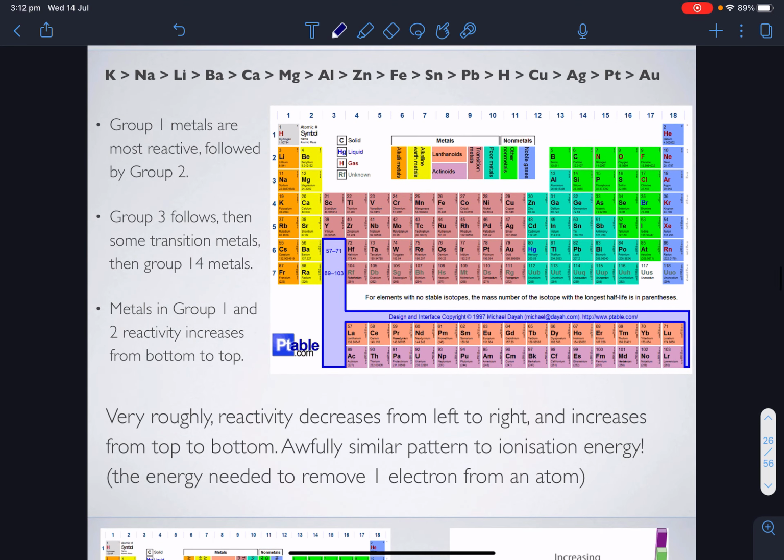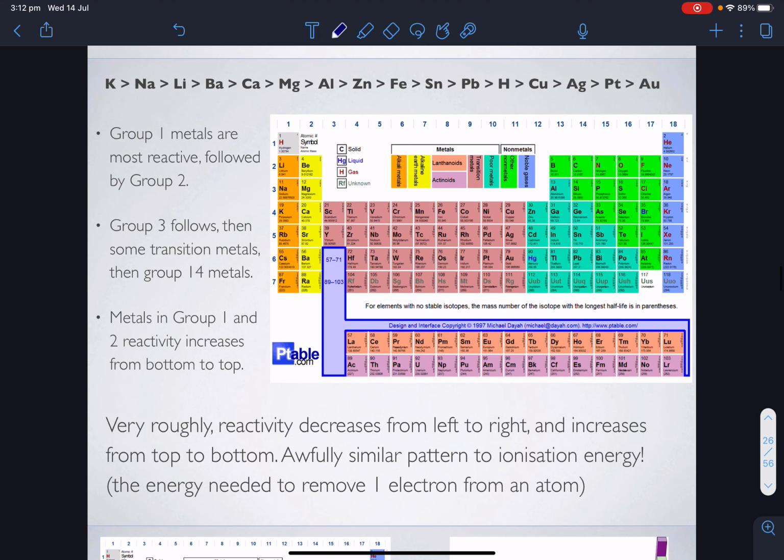Okay. You can see that the group 1 metals are the most reactive, followed by group 2, and then group 3 and some transition metals, and then group 14. Another trend that you can notice: for metals in group 1 and 2, the reactivity increases from top to bottom. Okay. So very roughly, reactivity decreases from left to right.